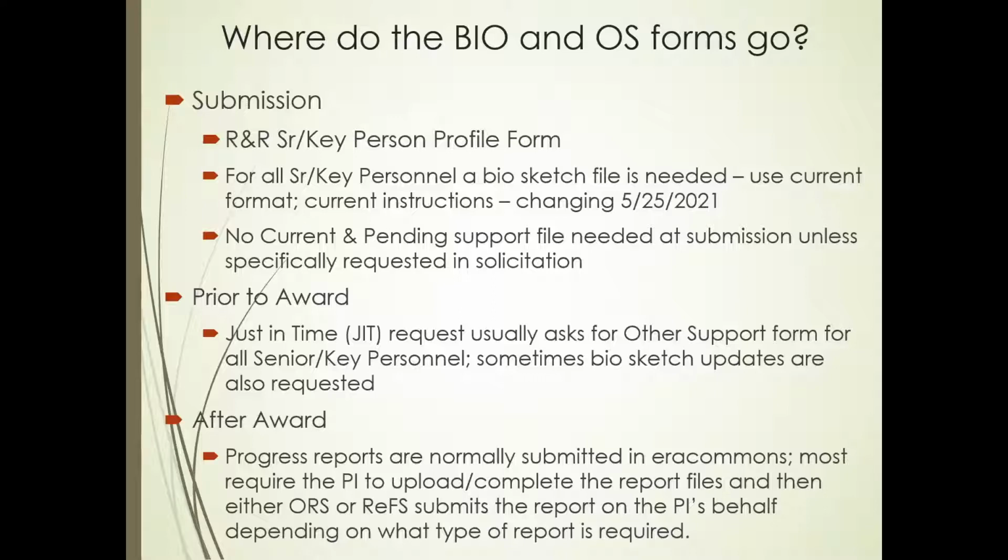Prior to award, they will usually ask you to come in and update your biosketch as needed and to provide other support forms for all the senior and key personnel. And this is usually done just in time, normally through ERA Commons. Once in a while, they'll ask for something sent by email to a program officer.